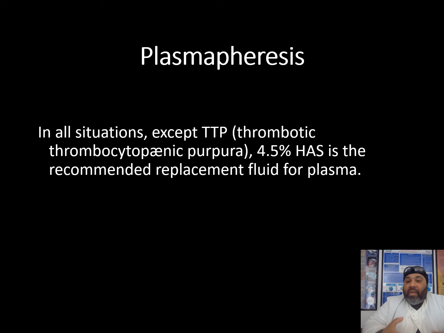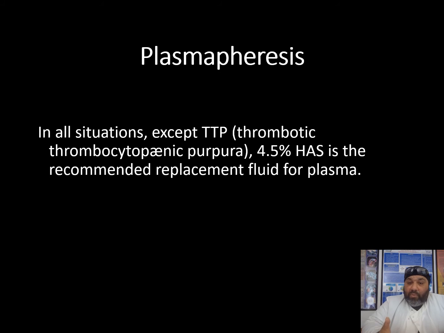In patients with TTP, generally there's a lower platelet count, and 4.5% human albumin solution has been known to be prescribed in individuals where there has been a reduced volume of plasma.